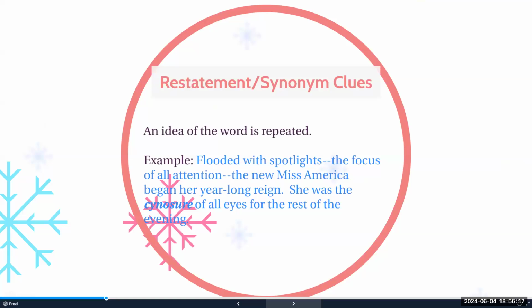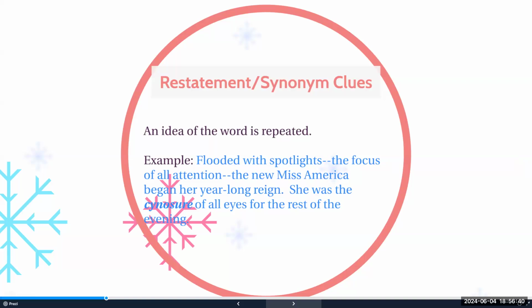All right. So there are different ways to look at context clues. There are different techniques that you can use to improve your ability to figure out the meaning of a certain word. The first one we're going to look at is called restatement, or synonym clues.